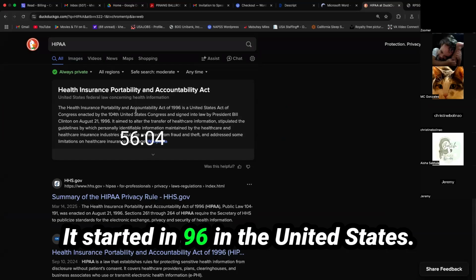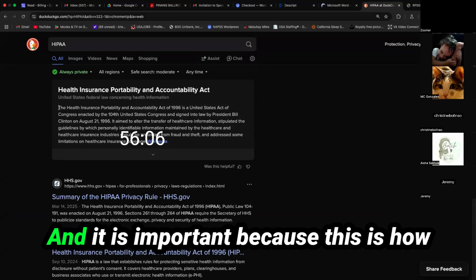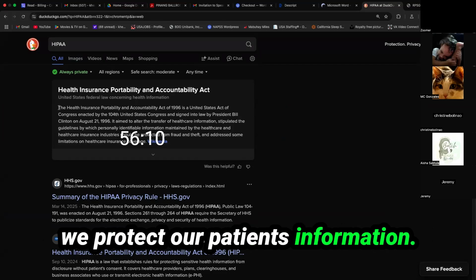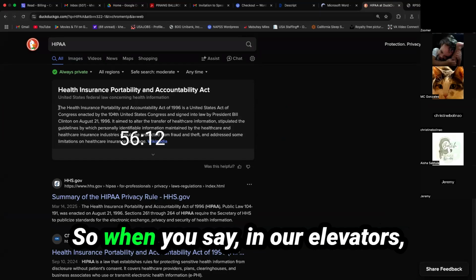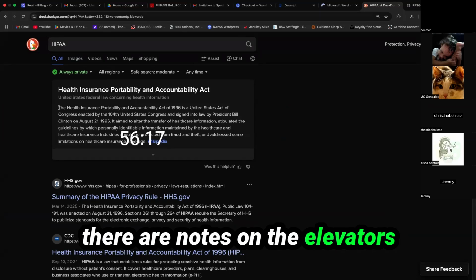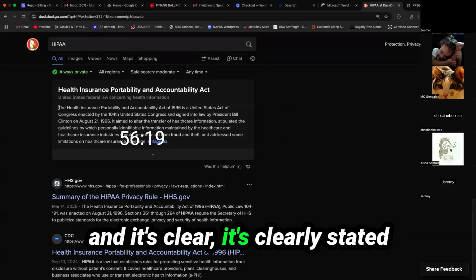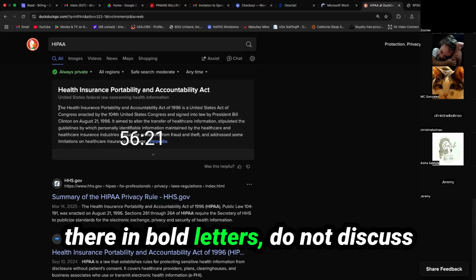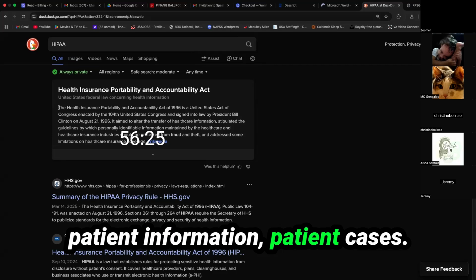It started in 96 in the United States, and it is important because this is how we protect our patients' information. There are notes on the elevators, clearly stated in bold letters: do not discuss patient information, patient cases.